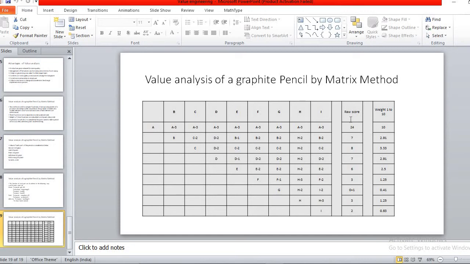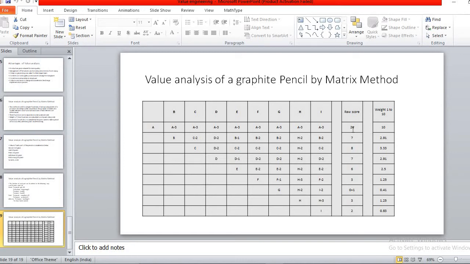Next column is a weightage column, 1 to 10. In this raw score there is a summation of each function, a summation of weightages of the respective function.